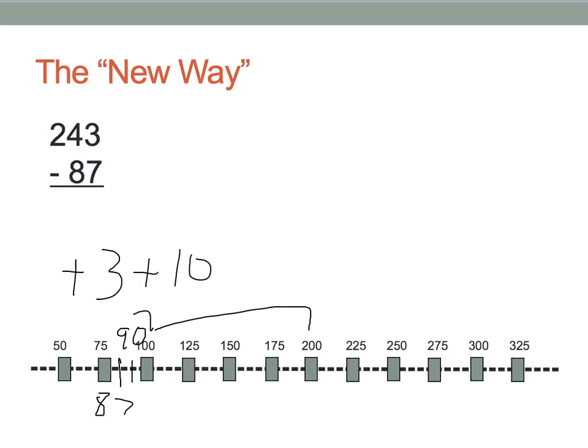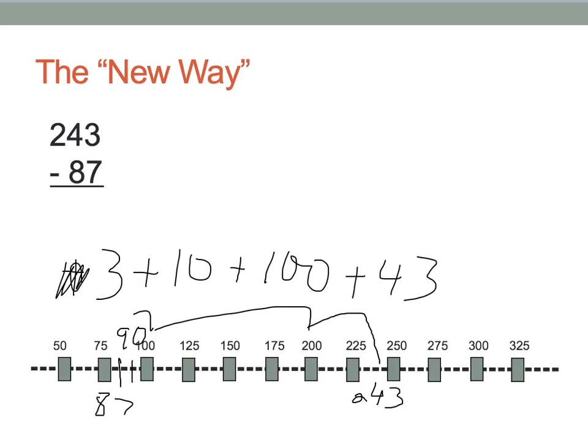All the way up to 200, another 100. And then over here to 243. So plus 43. I don't know why I drew this little plus sign here, but I did. So let's do 100 plus 43 is 143, plus 10 is 153, plus another 3 is 156.